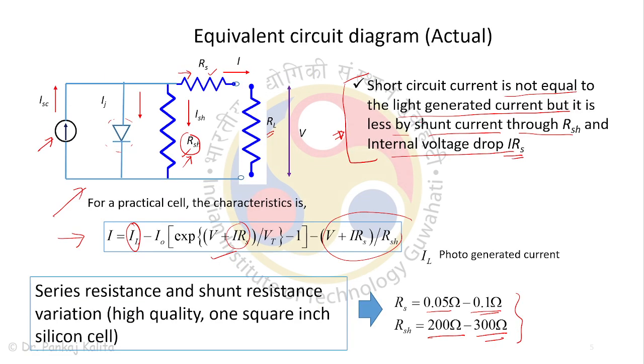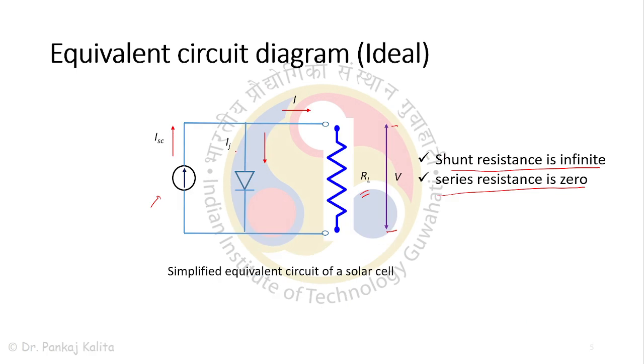Now this is the equivalent circuit diagram of an actual single PV cell. If you talk about the ideal condition, this is your PN junction, this is your solar cell, and this is your load.